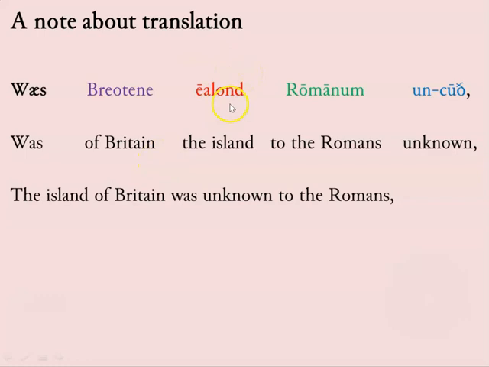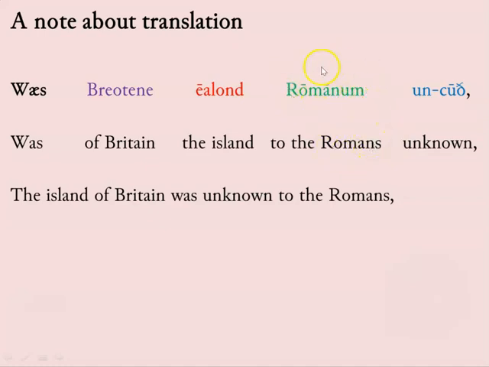Now, eoland, when you look it up in the dictionaries, it just says island. But in a modern translation, sometimes you have to put in the demonstrative. So, in this case, the island. The same thing, Romanum. Okay, it's dative, it's plural too, so it's the Romans.